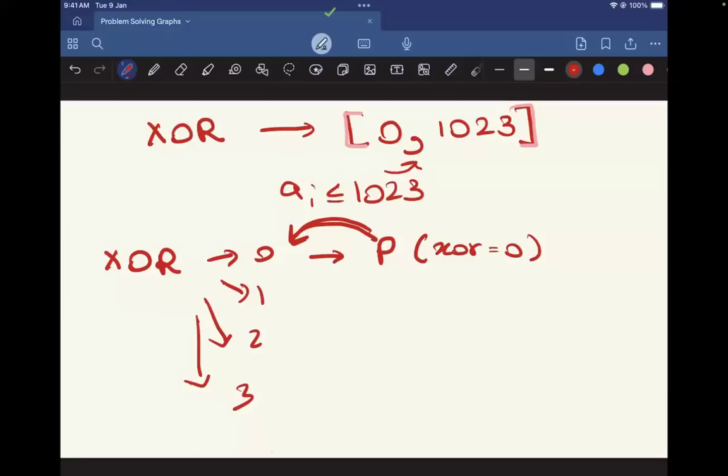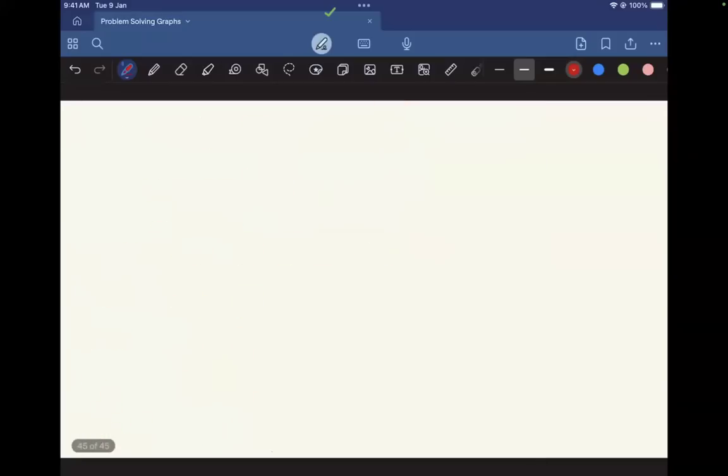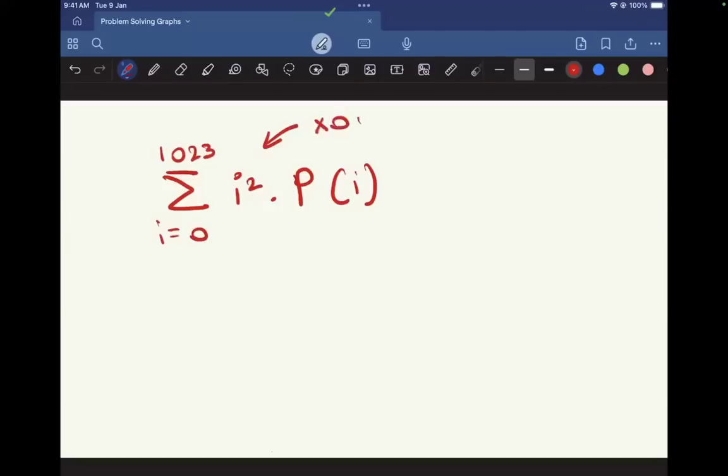So now, if for all the XORs from 0, 1, 2, 3 up to 1023, I'm able to get the probability of getting that XOR, can I say that my final answer is just summation of I squared into probability of I, for I equal to 0 to 1023, where I denotes XOR?